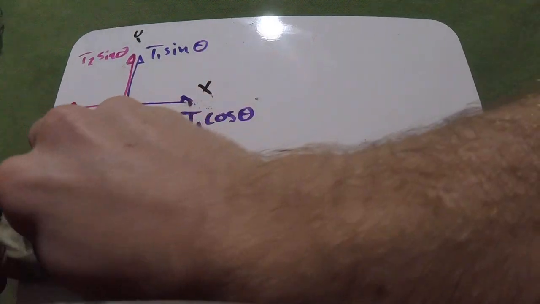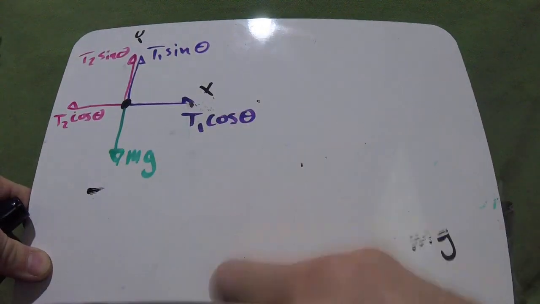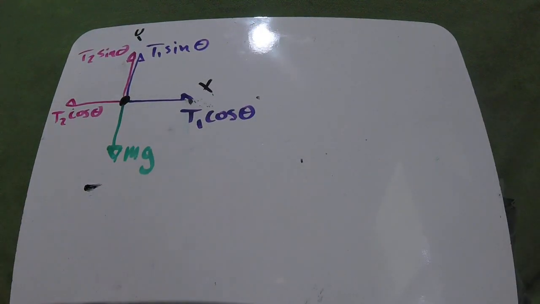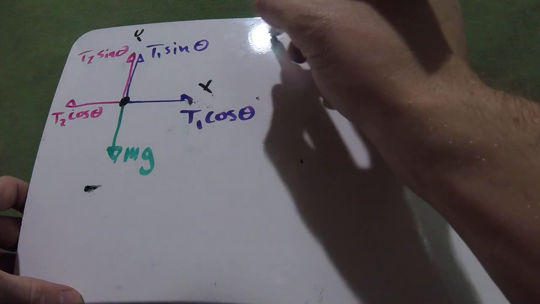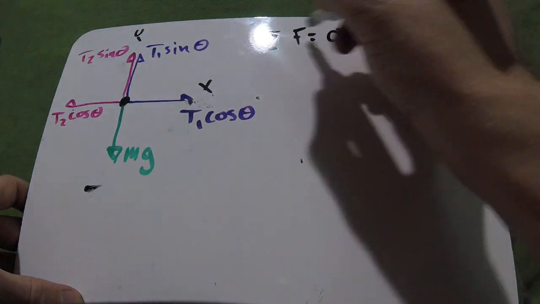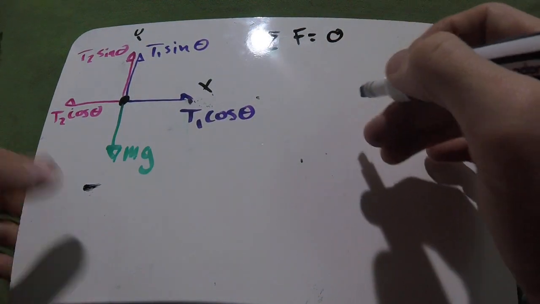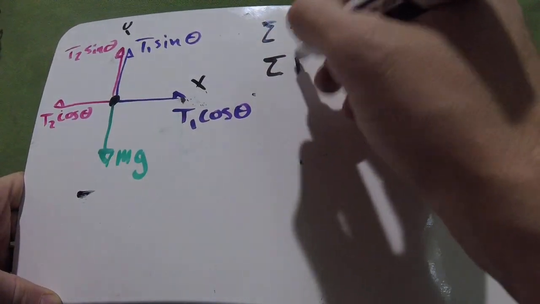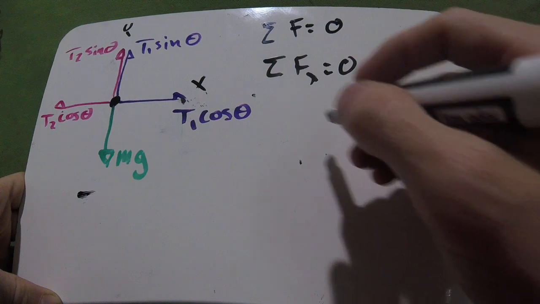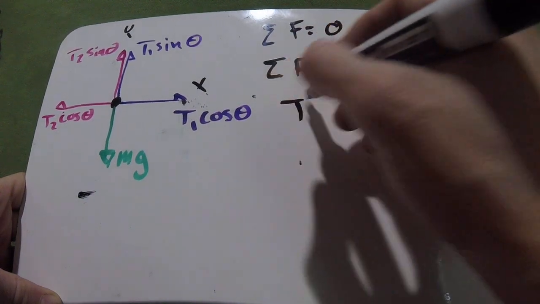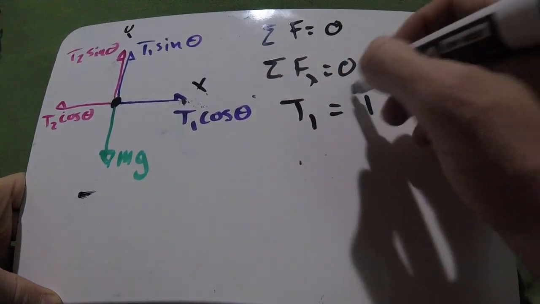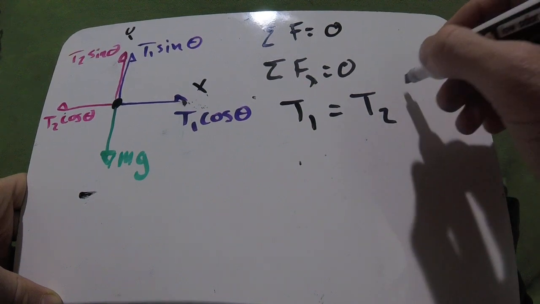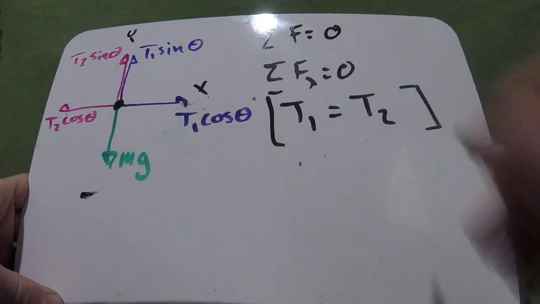We said so far that the sum of the forces equals 0. Therefore, sum of the forces x equals 0. So T1 equals T2 from our x direction.